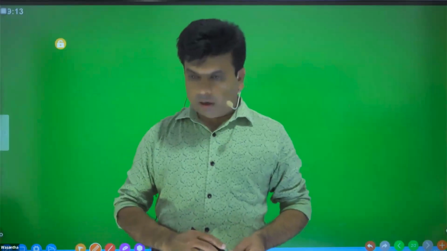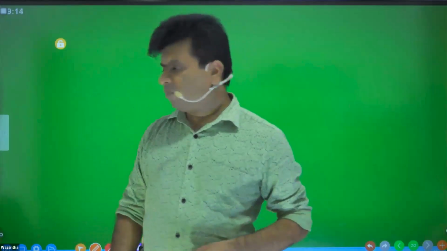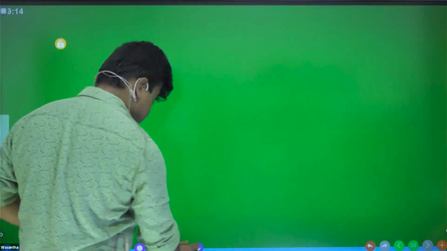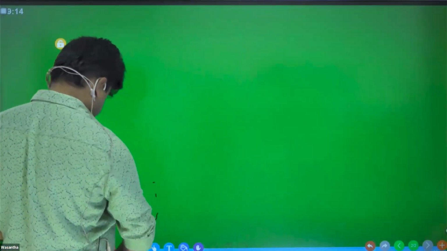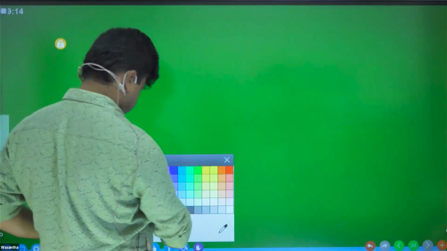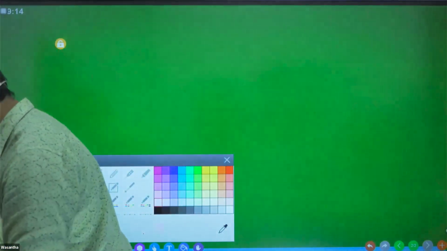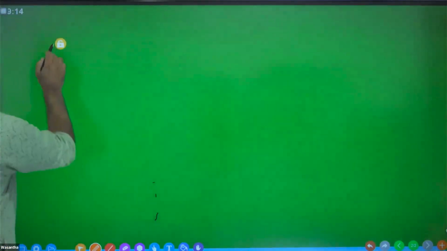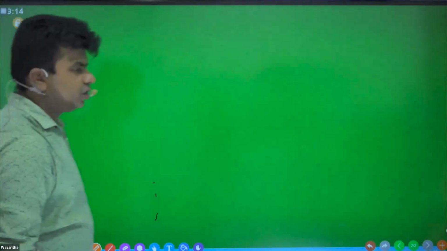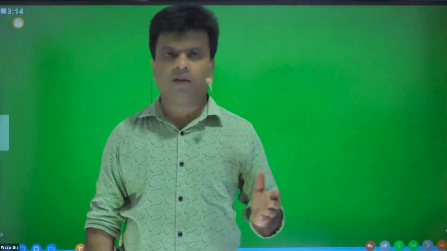When we go for the definition, the simple idea here is the sum of rational and irrational numbers. That is the basic idea. This is what you learn in O level.